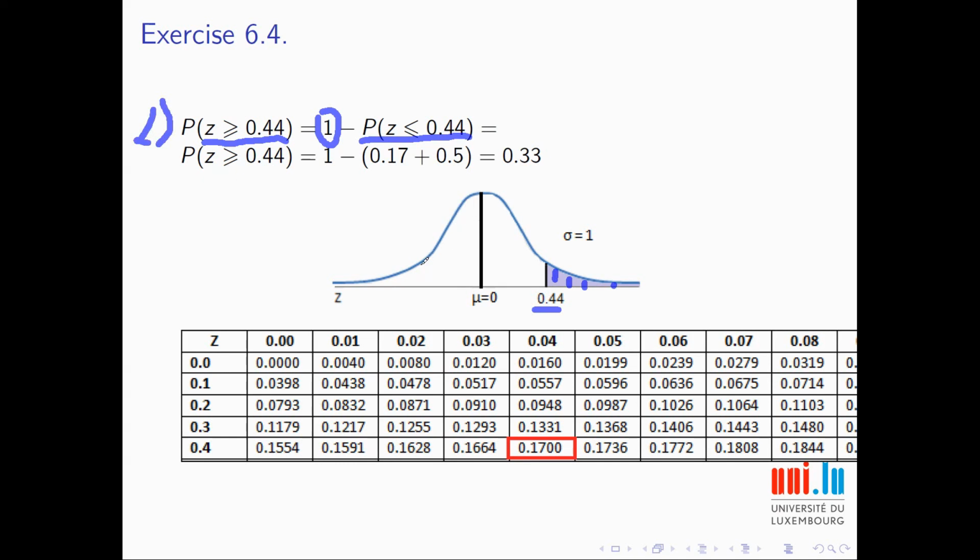Since it's symmetric, as I told you, the area in this left tail from the mean is equal to 0.5. And now we just have to find the area under the curve from 0 to our quantile, and we do it again as we did before.